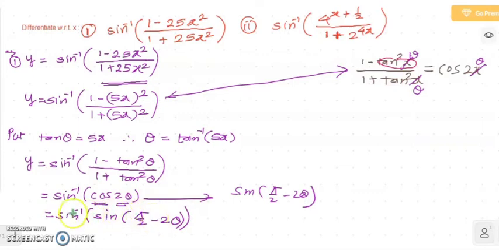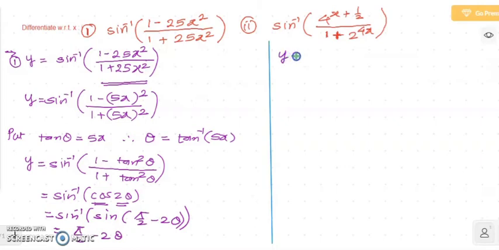In this manner, we can write it in a simple form as pi by 2 minus 2 theta. This y will be written as y equal to pi by 2 minus 2 into theta, which is tan inverse of 5x. Now this is y in the simplest possible form.